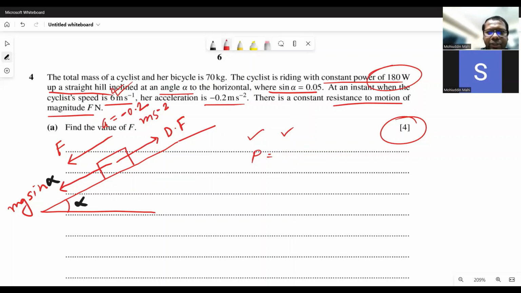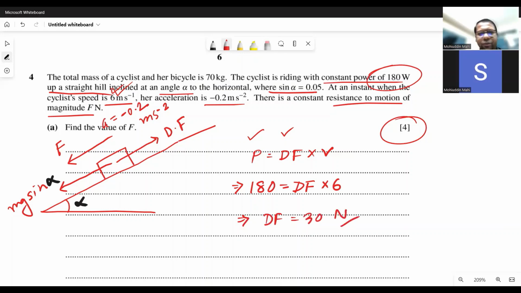So let's write down the equation as power equals driving force multiplied by velocity. The power here is 180 watt. Driving force, we don't know yet. And velocity is 6 meters per second. So the driving force here is 30 Newton. So we have got the driving force.